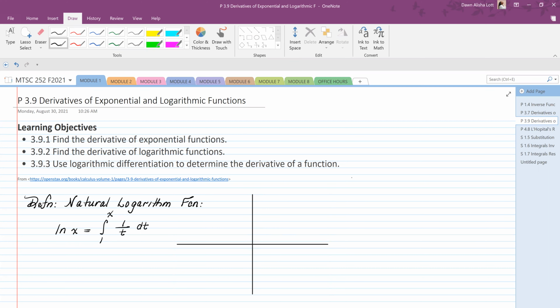So let's draw the function 1 over t. So 1 over t looks like this. Okay. And so we want to start at 1 and then go up to some value t. So if I compute, that's the area.